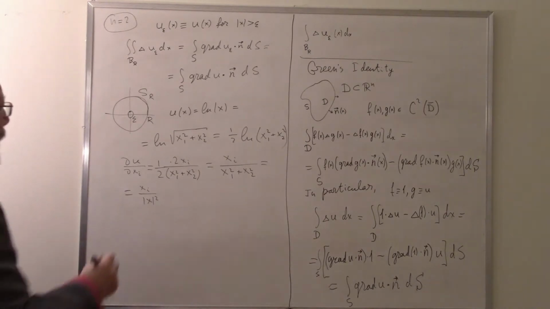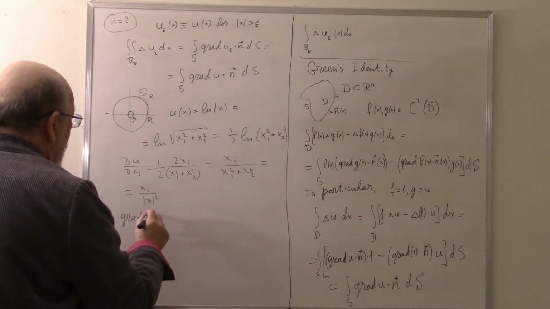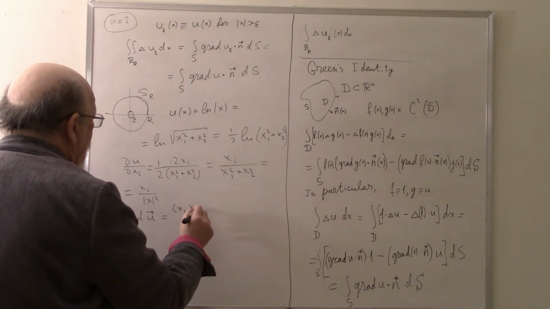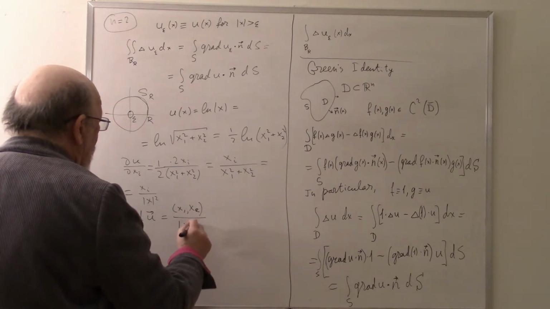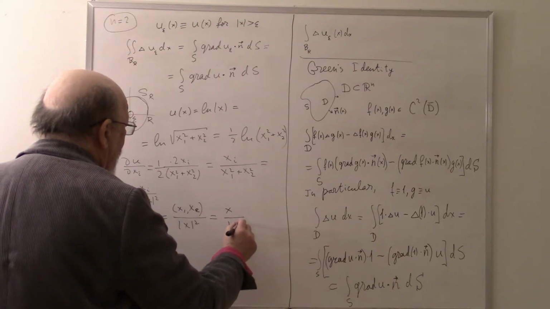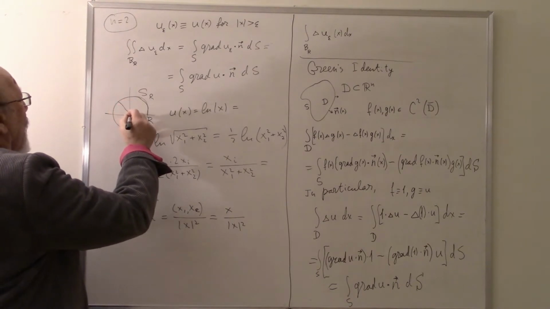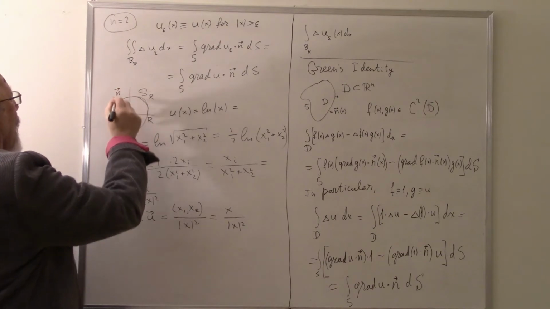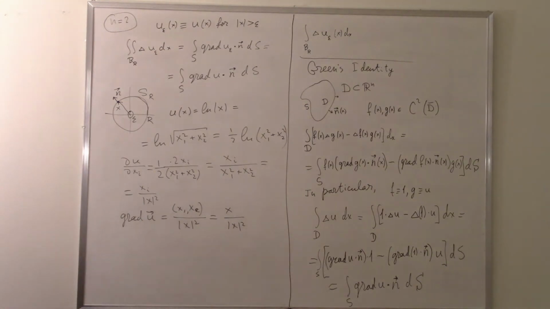And so gradient u is the vector (x1, x2) divided by |x|², which equals x divided by |x|². Now, what is the unit vector n? It is collinear with x.